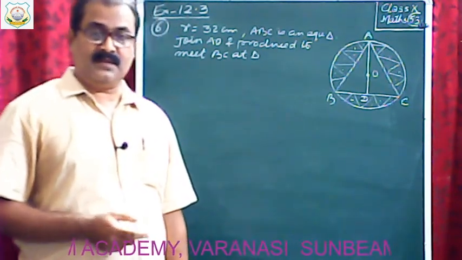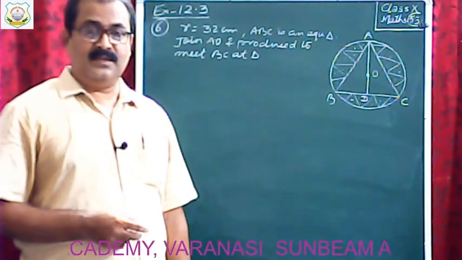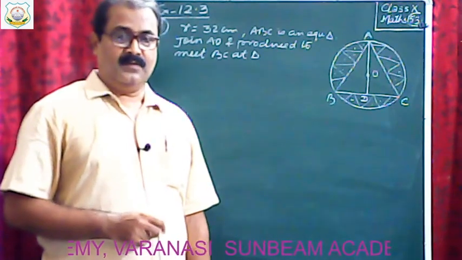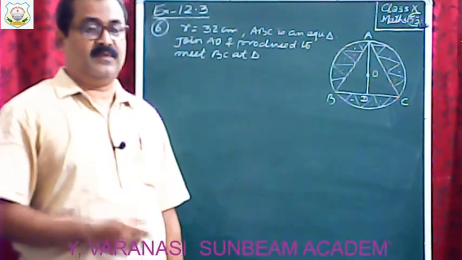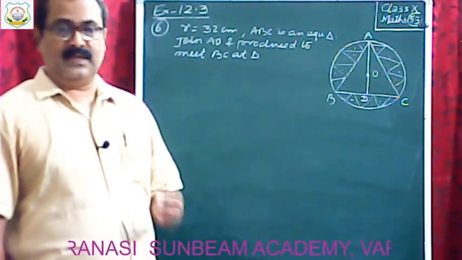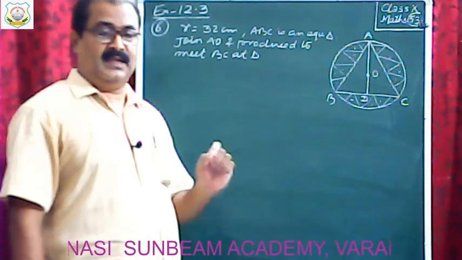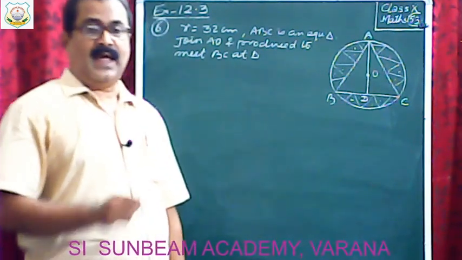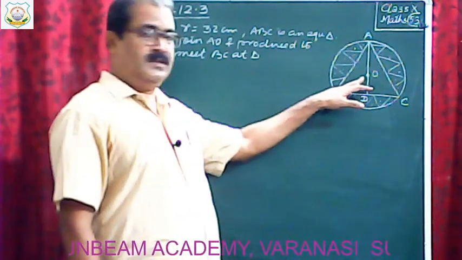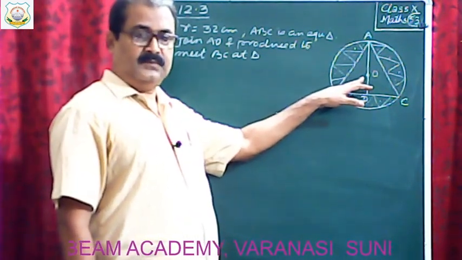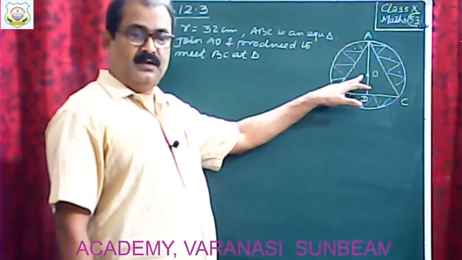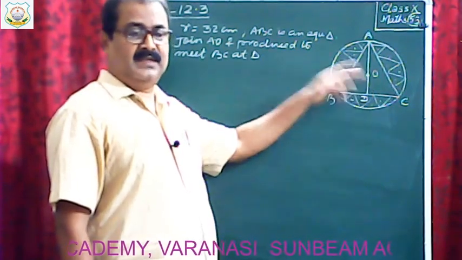And incenter is what? Point of concurrency of angle bisectors of a triangle is known as incenter. All four points of concurrency lie at the same point in an equilateral triangle. Keep in your mind. So since O is circumcenter of equilateral triangle, then O is centroid, orthocenter as well as incenter.